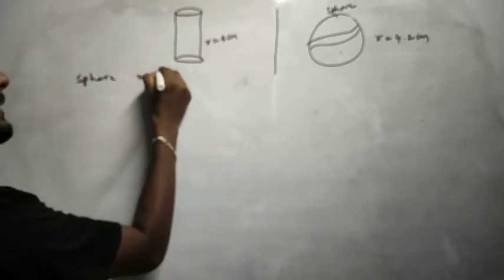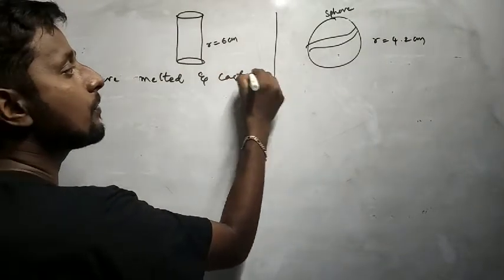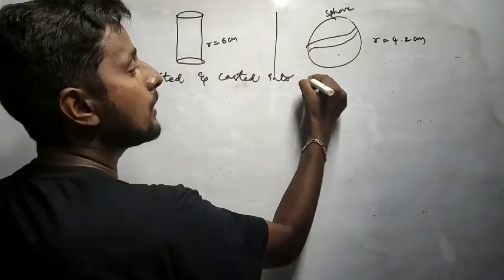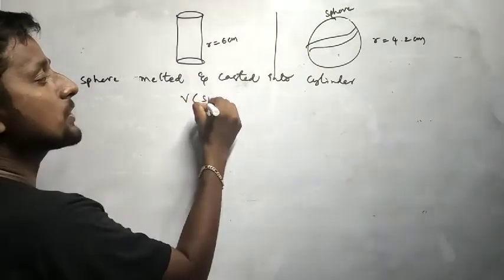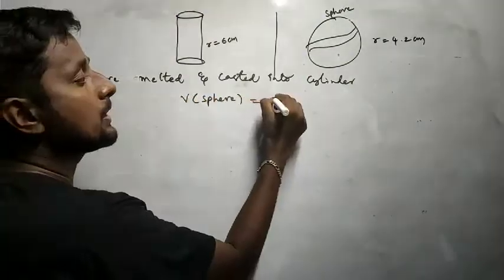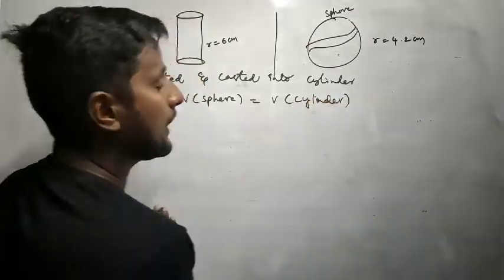The sphere is melted and cast into a cylinder. So actually the volume of the sphere is equal to the volume of the cylinder. Am I right?